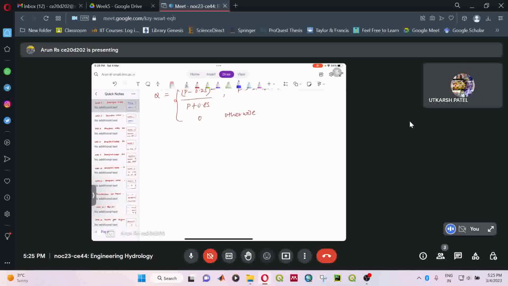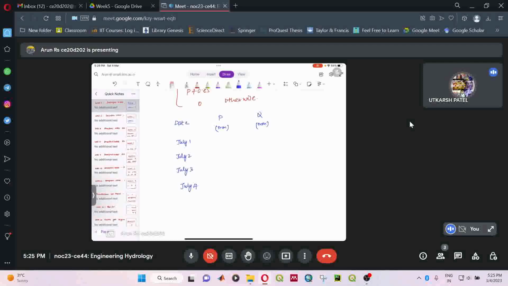So now we can form a table: date, then precipitation, Q. I have already computed. July 1, July 2, July 3, July 4. First day is 60, second day is 21, third day is 40, and fourth day is 16.